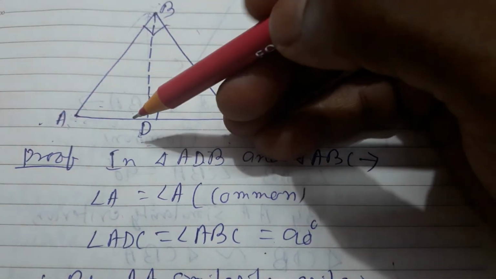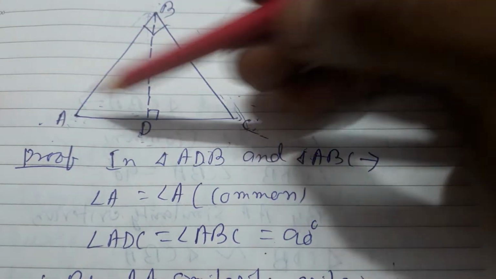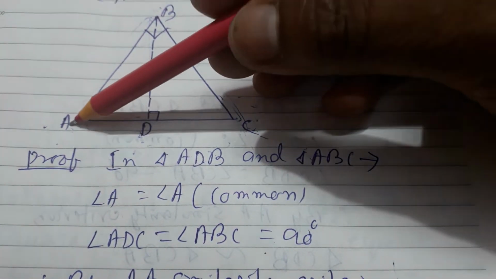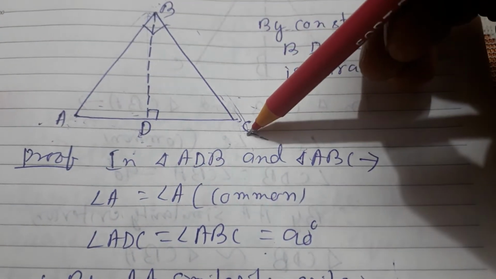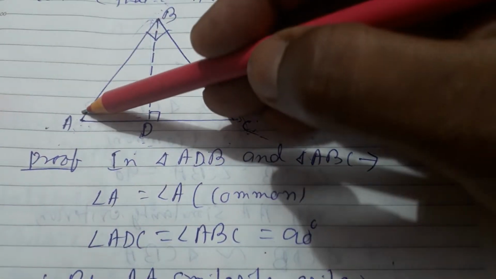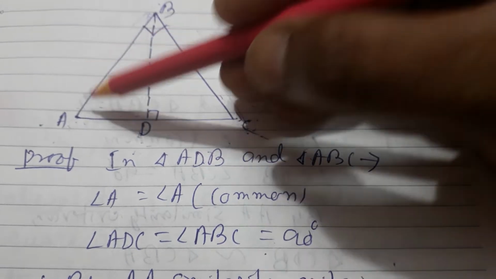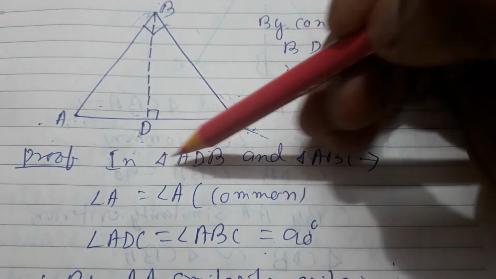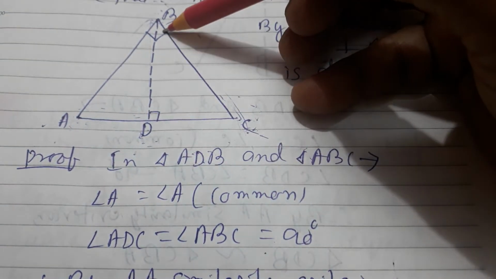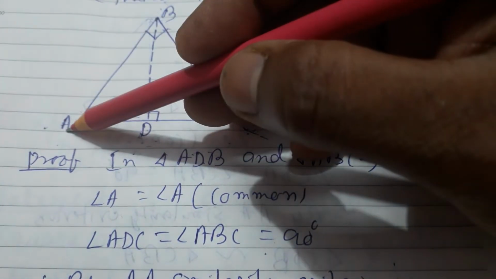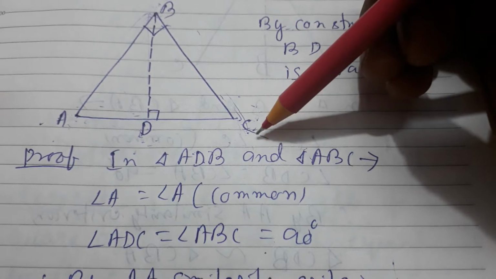So you take the triangles in this way. I have taken triangle ADB and triangle ABC. What I have told, common angle you take at first, then 90 degree angle. In small triangle ADB, common A, 90 D and other B. And in big triangle, A is the common, B is the 90 and C.